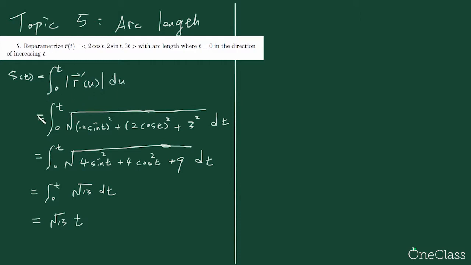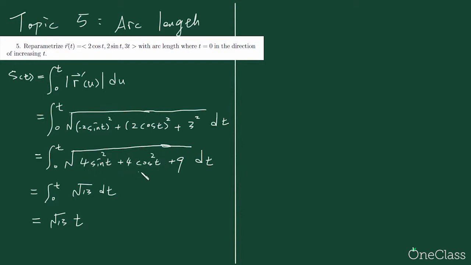When we calculate the norm, we take the square root of (dx/dt) squared, (dy/dt) squared, and (dz/dt) squared, dt. After some calculation, and by some luck, we have 4 sin squared t plus 4 cos squared t.